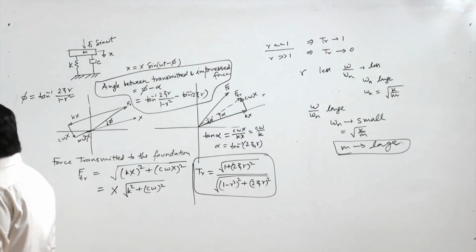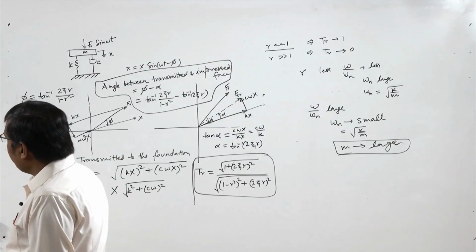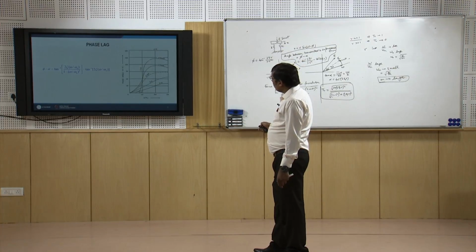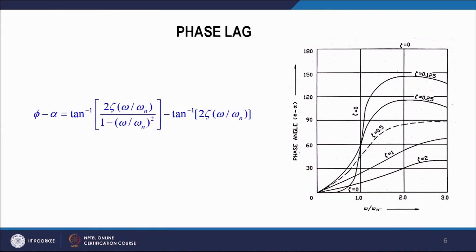We see that for values of damping less than 0.5, the curves reach some maximum value and then fall, tending towards 90 degrees, while for damping greater than 0.5, the curves keep increasing towards the 90 degree phase angle.